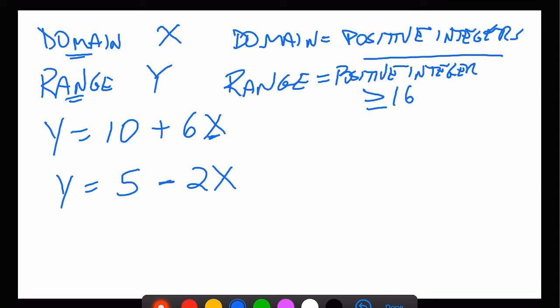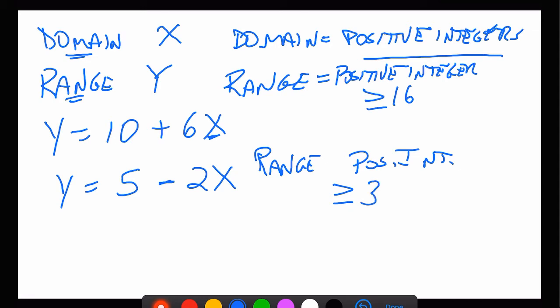If I put 1 in there, 5 minus 2 is 3. If I put 2 in there, it's 1. So the range of this is again going to be positive integers, but greater than or equal to 3.